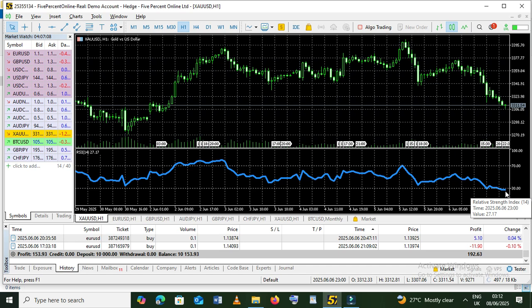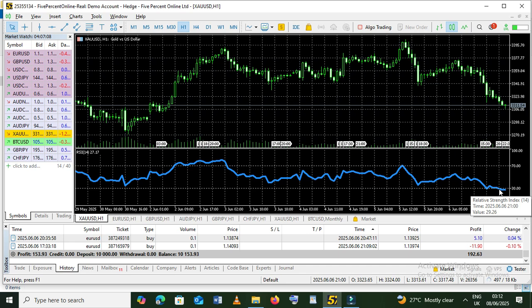It signals that the selling power is now weak. So the selling power gets weak at point 30 in RSI and the buying power gets weak at point 70 and above in RSI. So after analyzing the market using RSI, you can place your buy or sell, set your take profit and stop loss where necessary.